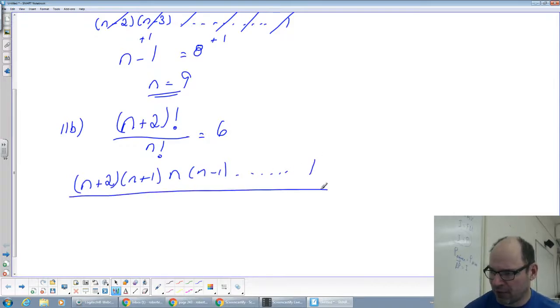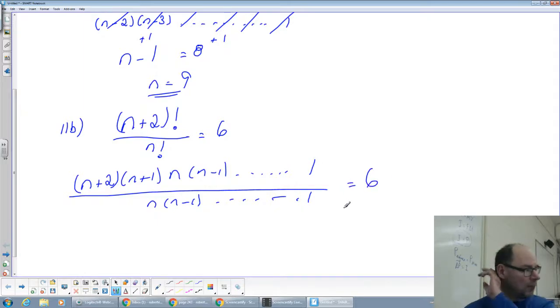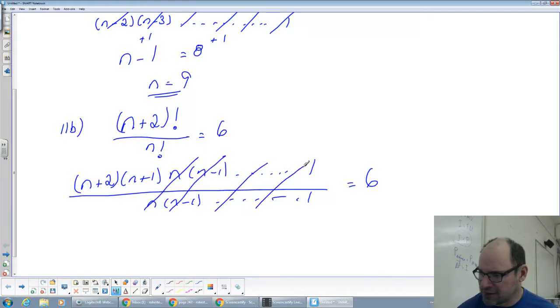Now we're going to expand the bottom, n, n minus 1, and all the way down to 1, equaling 6. These ones are much more difficult in the sense that when you do your canceling here, you'll note that there are 2 factors left.